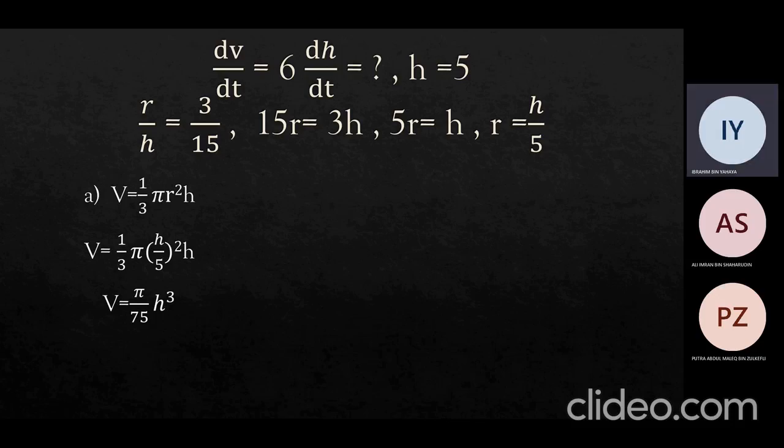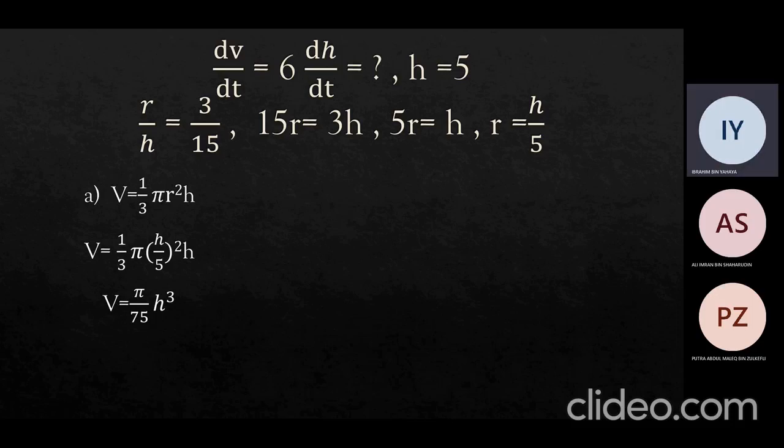So the volume is equal to 1 over 3 pi r squared h, and we exchange the r into h over 5, squared, times h, and so we can get the answer, which is pi over 75 h cubed.